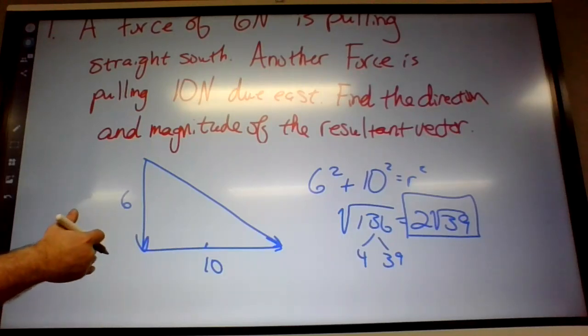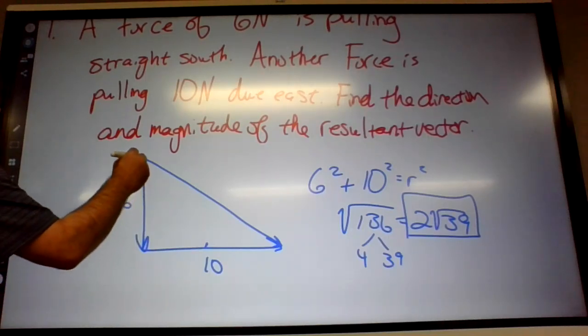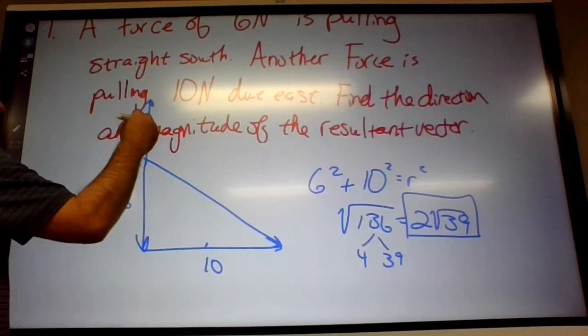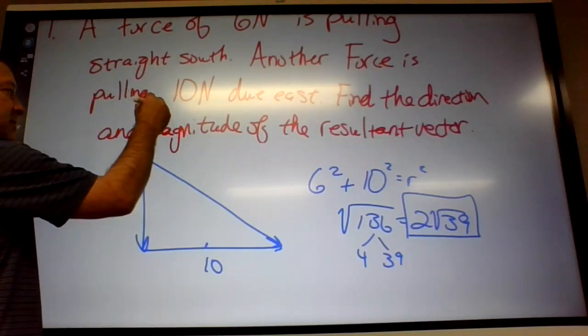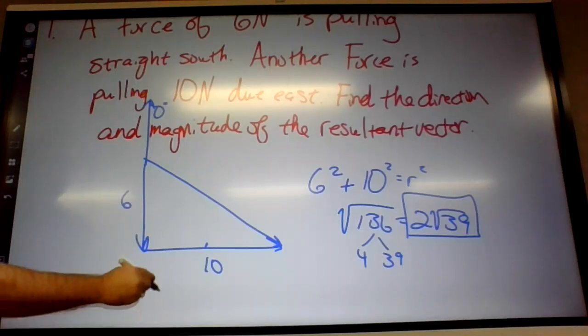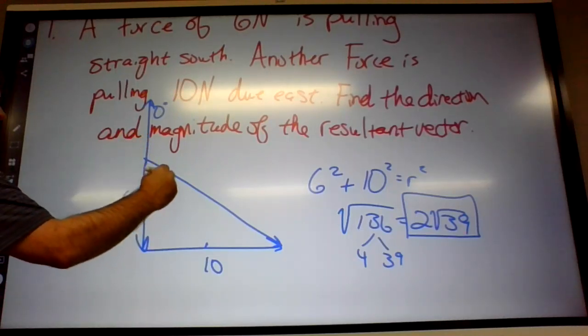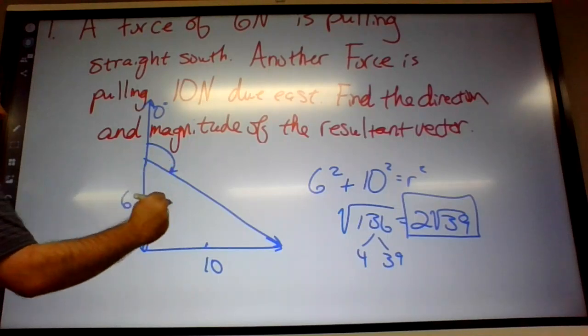When we're talking about northeast, southwest, where is 0 degrees at? Up. When we're doing ships or airplanes, northeast, southwest direction, up is 0 degrees. So the direction of this vector would be this angle right here.